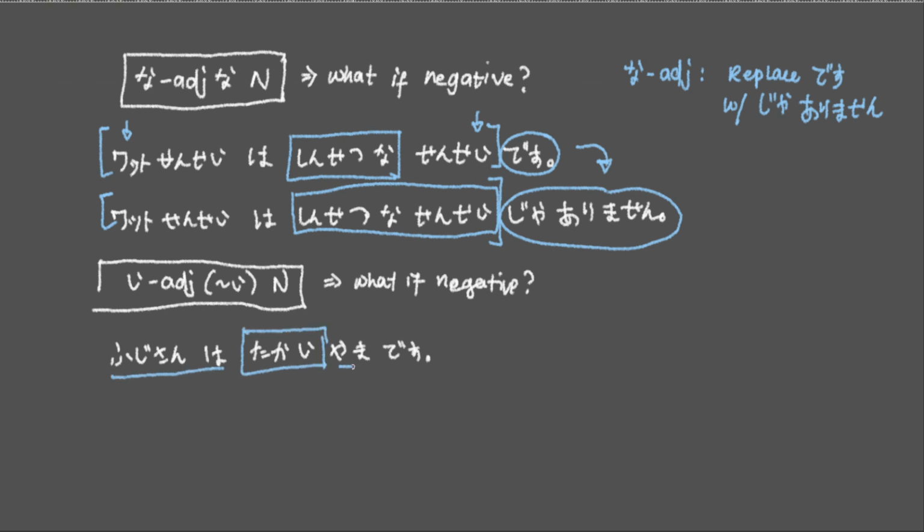Everything else is untouched. It becomes Fujisan wa taka, remove the e, replace the e with kunai, yama desu.